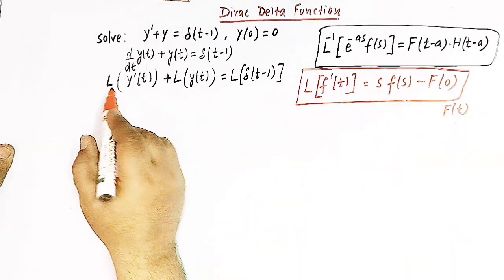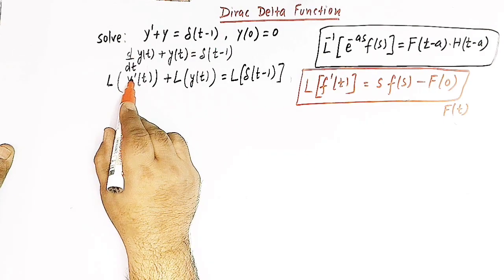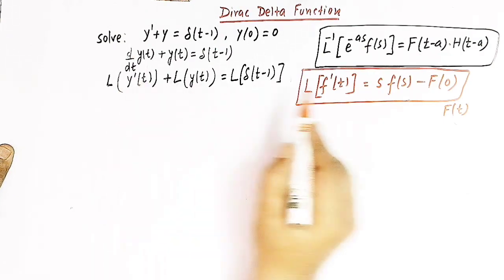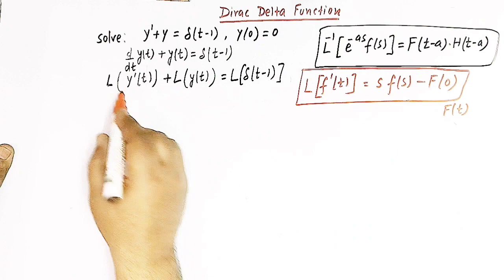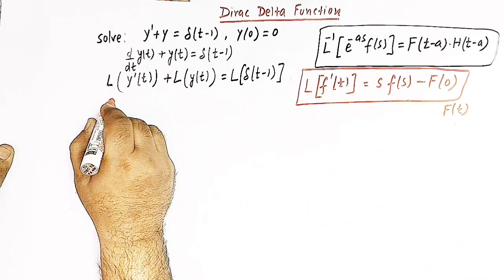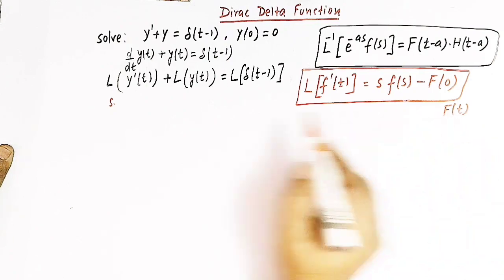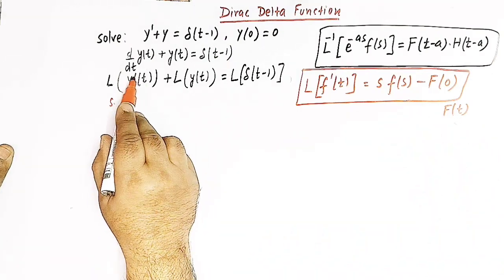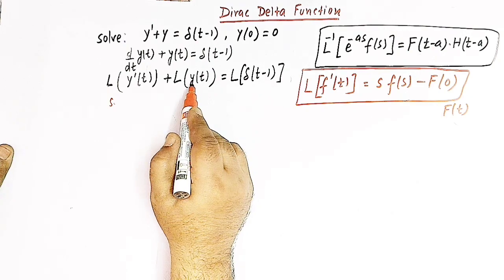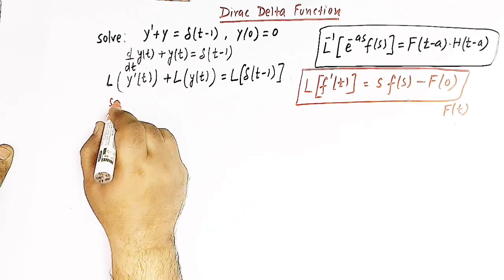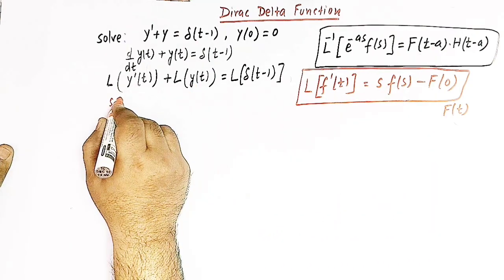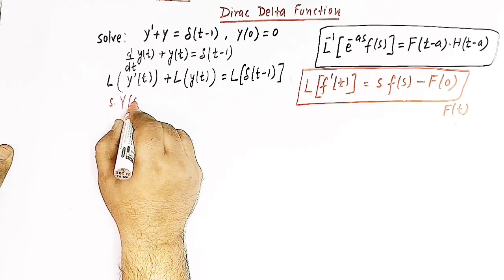Here we have the Laplace transform of y prime of t, so using this result we can write s times the Laplace transform of the function y of t.